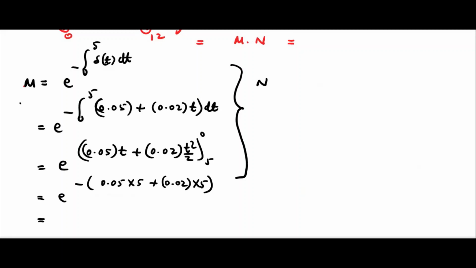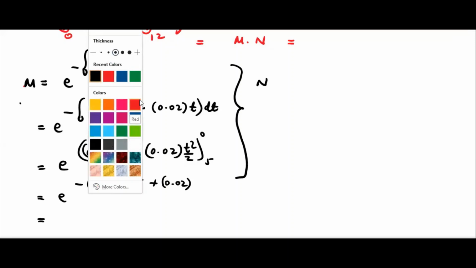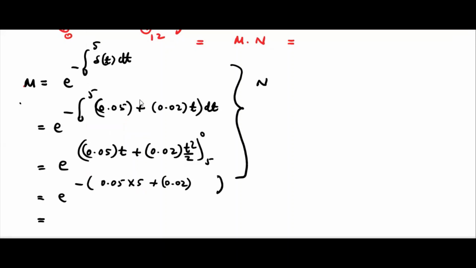And if you see, this is 0.07. Sorry, there is a problem here. 25 by 2, let me write. That will be e power minus 0.5. You can check it.